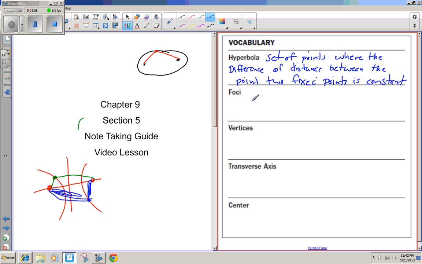All right, so foci are the two fixed points.